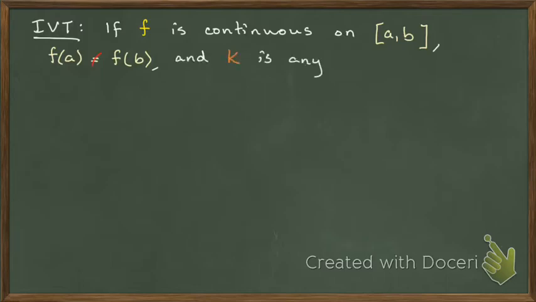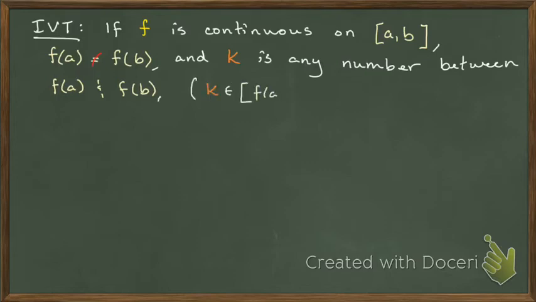And k is any number between f of a and f of b. We write that mathematically using some notation here. We say k is in the interval from f of a to f of b. So we're saying that k is between those two values.